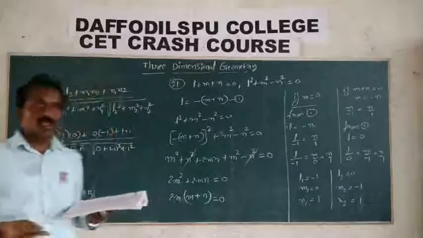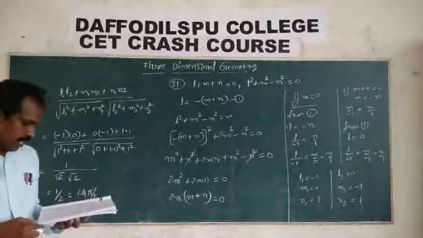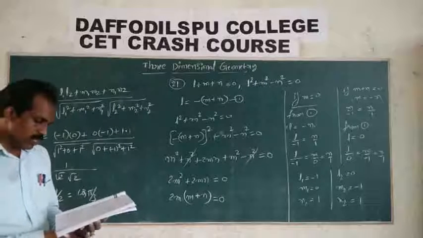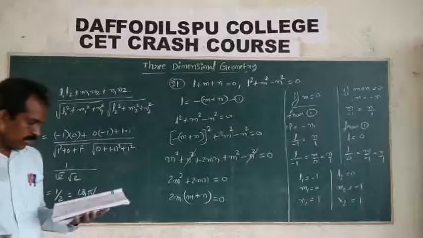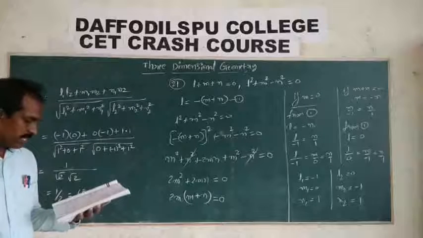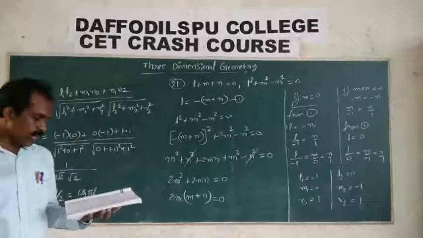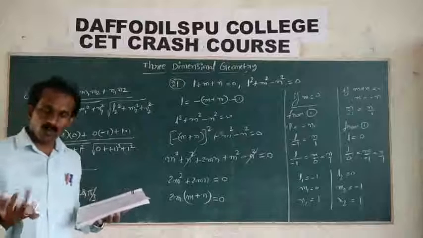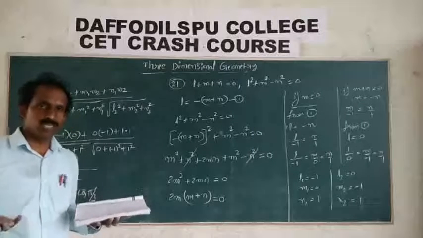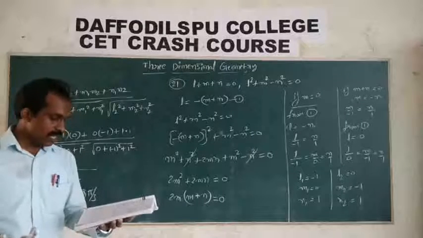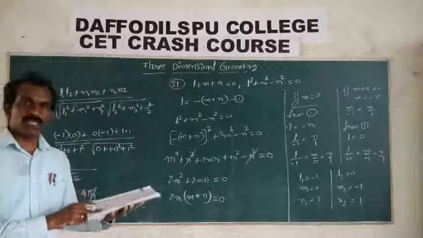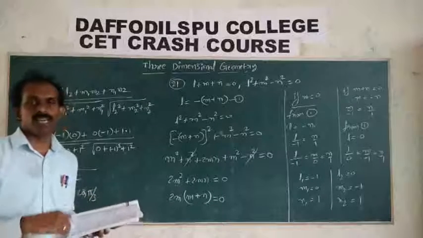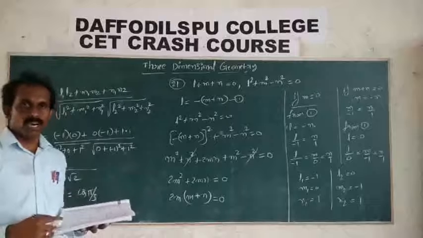Next, 22nd. The angle between a line with the direction ratios 2:3:1 and a line joining two points. One line's directions are given, 2:3:1, in the ratio, no problem. Another line joins the two points given. First point let it be A, second point B. Find out direction ratios of the second line.